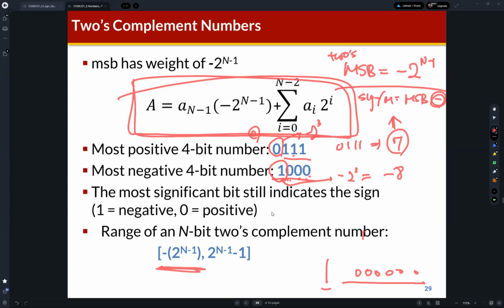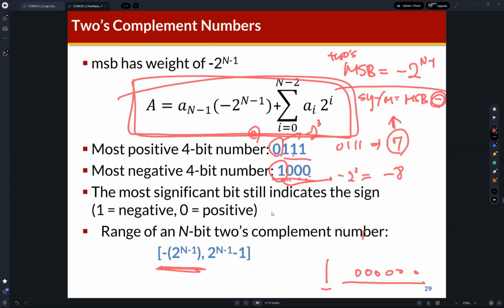So in the two's complement number system, the MSB represents the sign bit also. But the MSB also has magnitude, the power of 2. So you need to remember that the MSB of the two's complement number represents the -2 to the power of n-1. Okay, that's very important.